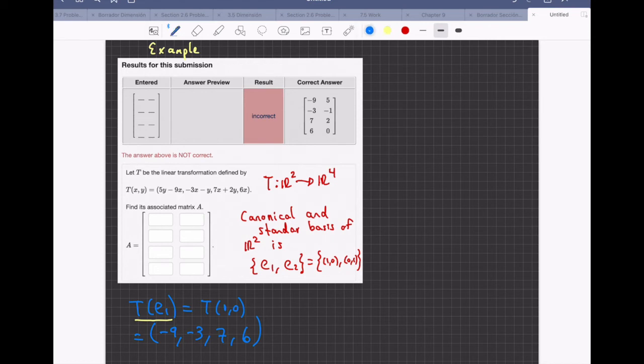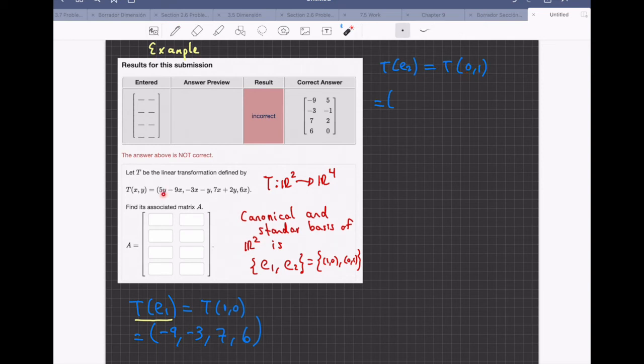Now I need to apply the transformation to the other vector in the standard canonical base, in this case E2. So T of E2 is the same as T of (0, 1). Now the x is 0 and the y is 1.